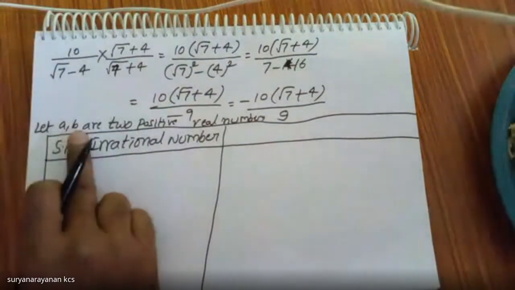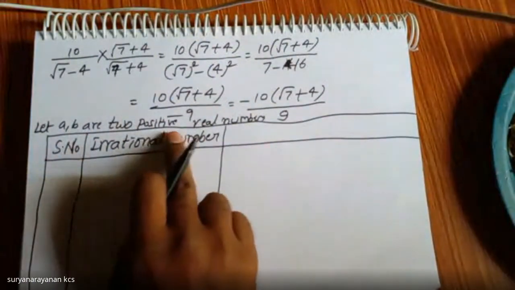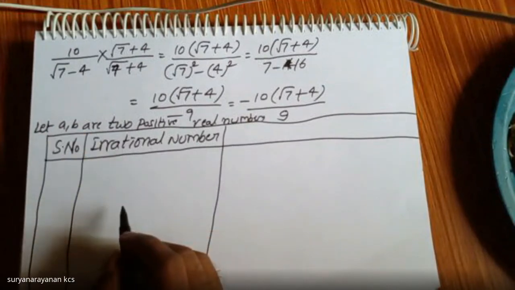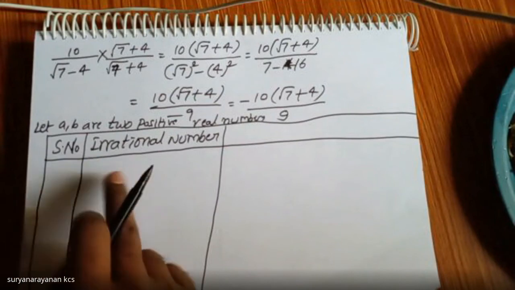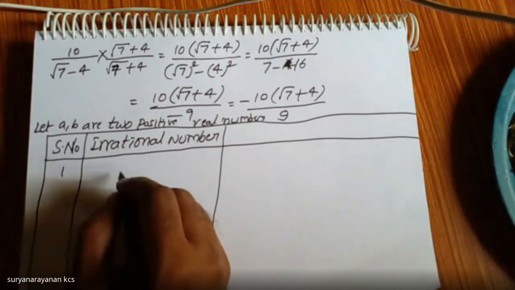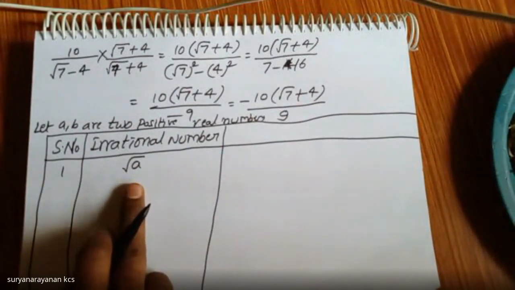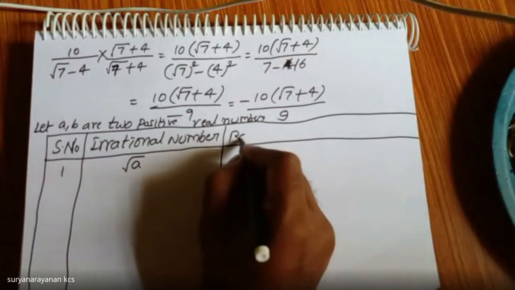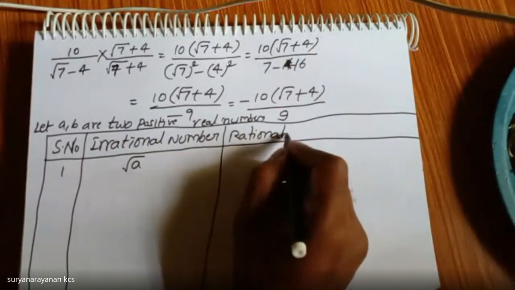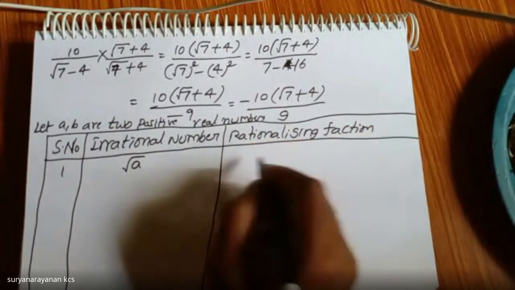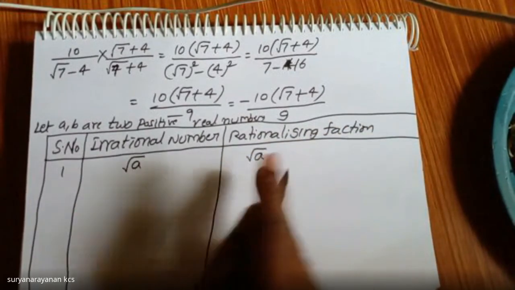See here, let A and B be two positive real numbers. Now, in the denominator, if root A is there, as we have discussed in the first example, where root 2 is there, then its rationalizing factor is root A only.